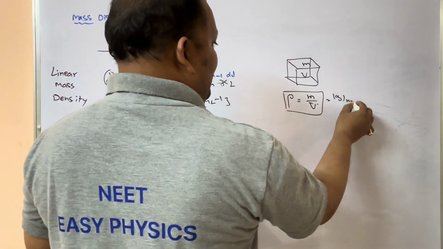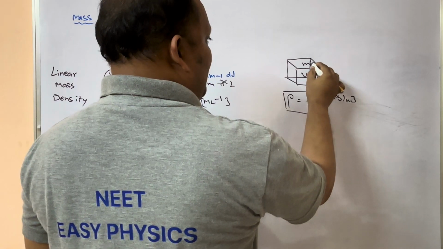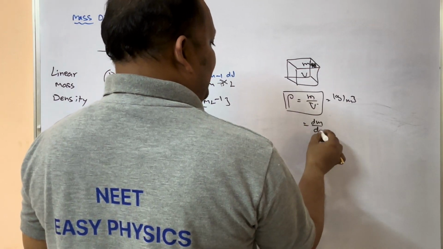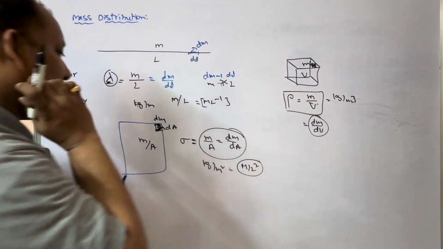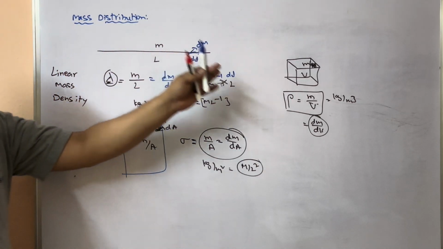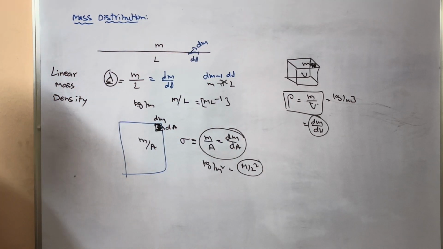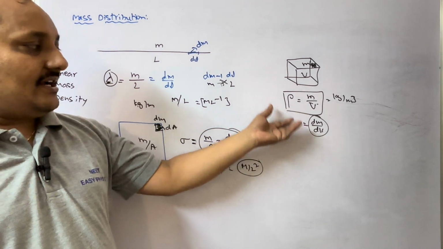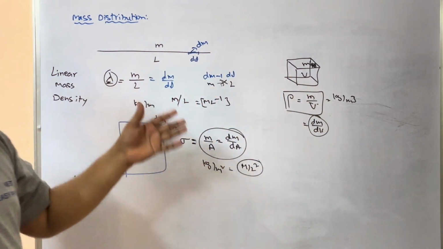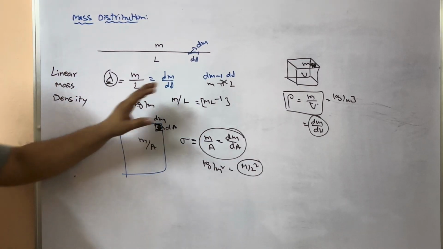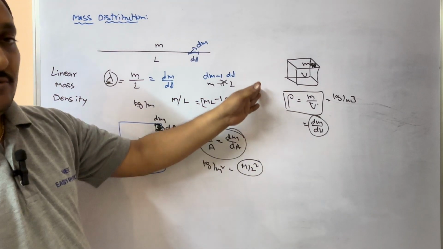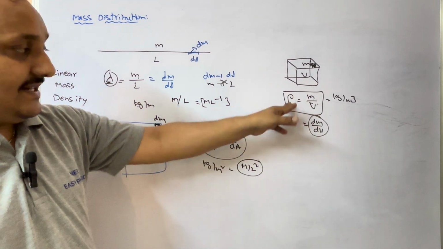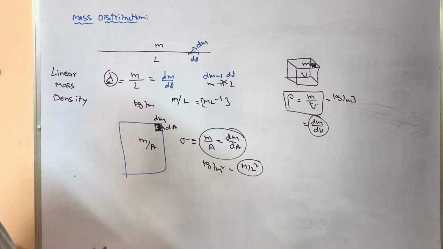So kg per meter cube. For a small amount of volume, dm by dv. How mass is distributed on the objects we have to take. Later they drop the word volume mass, and we call this only density. But the full name is volume mass density: rho equals m by V.